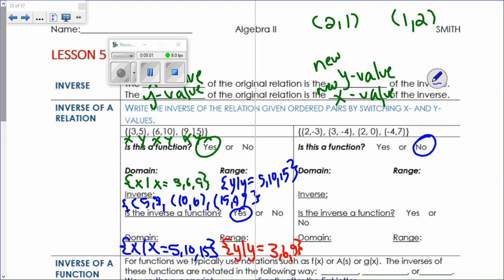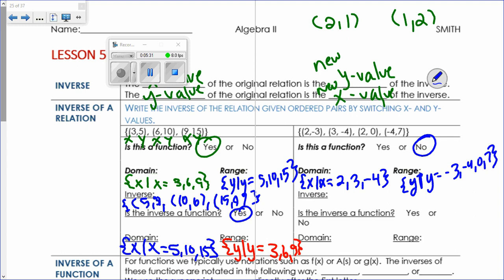For my domain, curly bracket, x bar, x equals 2, 3. You don't have to write repeating values more than once, unless you want to. The range, y bar, y equals -3, -4, 0, 7, close curly bracket.